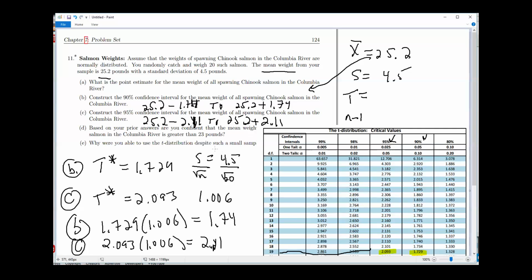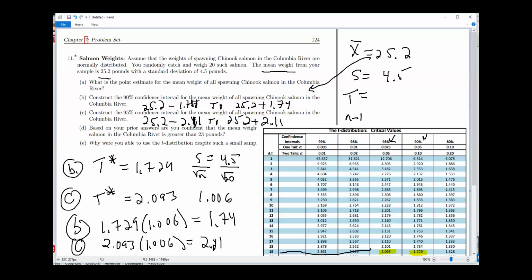Okay, based on your prior answers, are you confident that the mean weight of salmon is greater than 23 pounds? Well, let's see. My lower bound for the first one, I should calculate that: 25.2 minus 1.74 is 23.46, so that's higher than 23 pounds, which supports that conclusion.